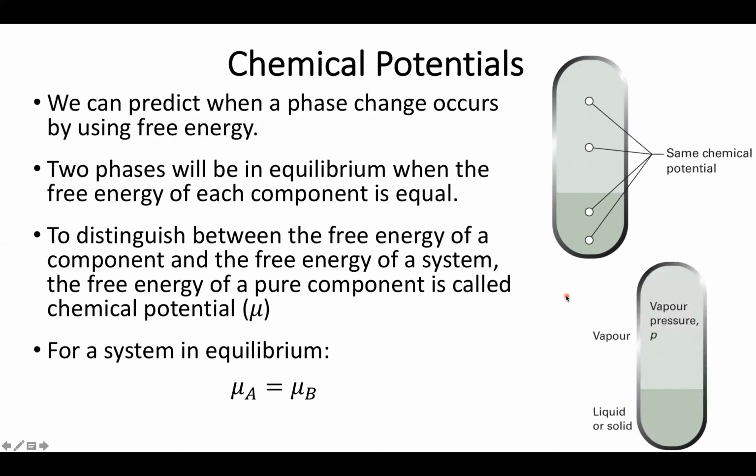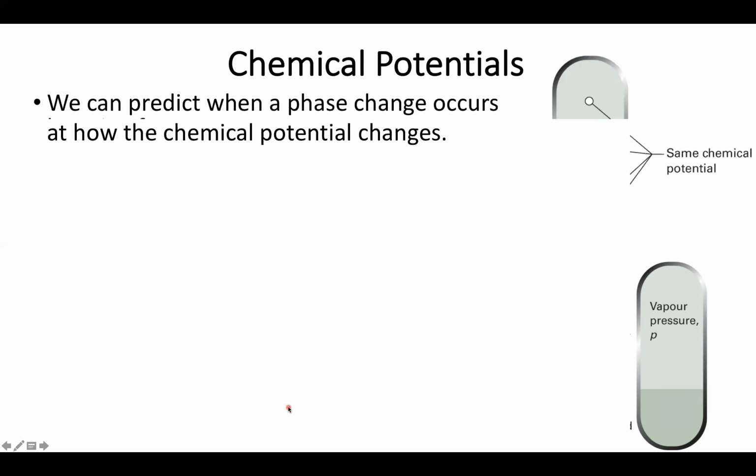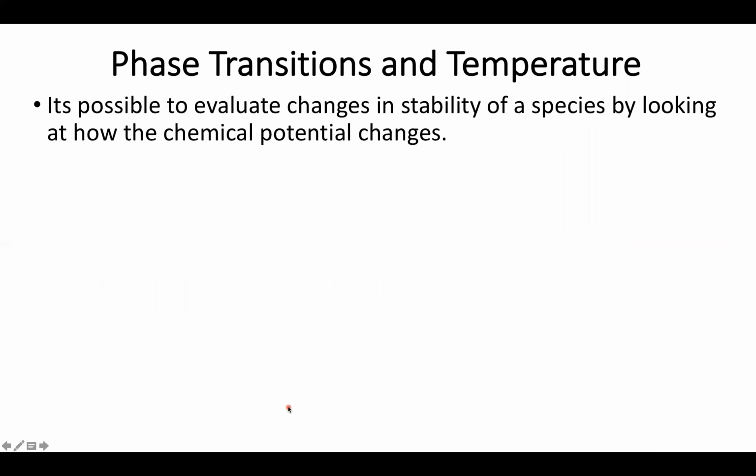So what this is going to help us do is try and figure out exactly when these two systems are going to be in equilibrium, because we already have a fairly good set of equations that will help us describe the Gibbs of a system. So if I'm going to be looking at how a phase transition is going to change with temperature, what I'm really going to want to look at is how the individual chemical potentials change with temperature.